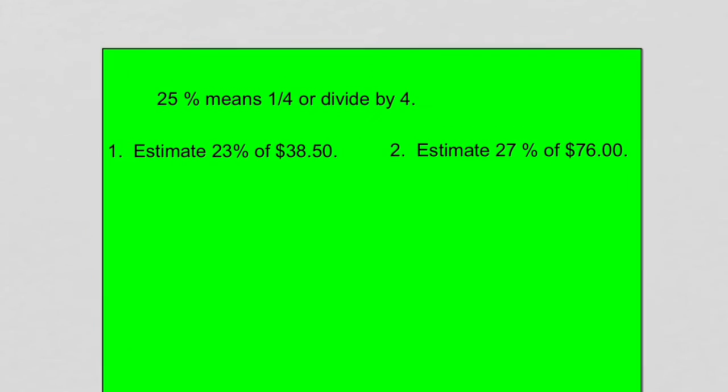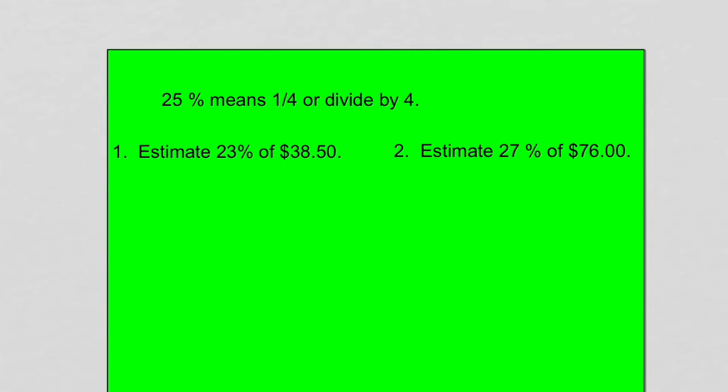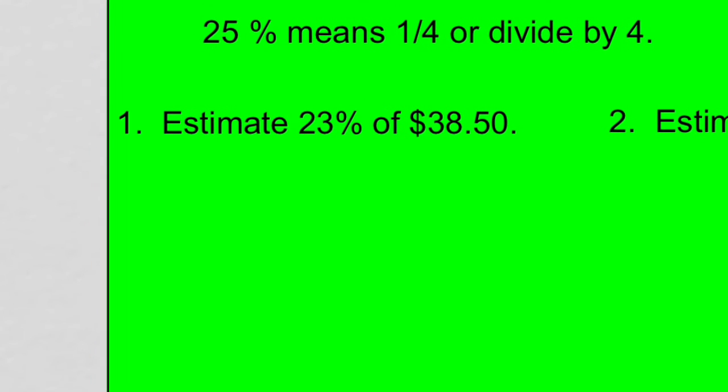Then we talked about how 25% means a quarter or divide by 4. So again, if you have a percent that's close to 25%, you can round it off to that. So the first example here, 23% of $38.50. You might make that 25% of $40.